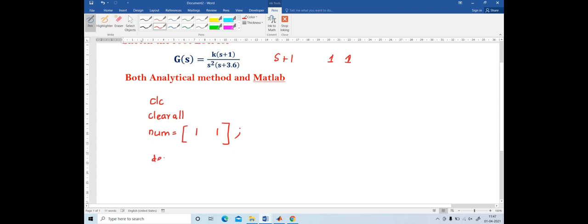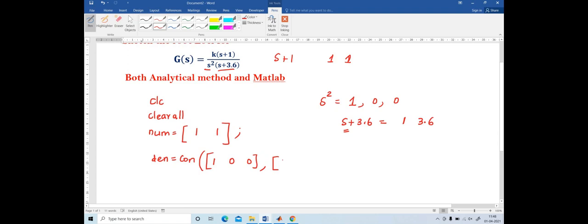Next den. Den equal to convolution. Here there are two functions, s square and s plus 3.6. So convolution, then open bracket, then square bracket. For s square, the coefficient of s square is 1, s is 0, s power 0 is 0. So 1, 0, 0, then put comma. For s plus 3.6, the coefficient of s is 1 and the constant is 3.6.